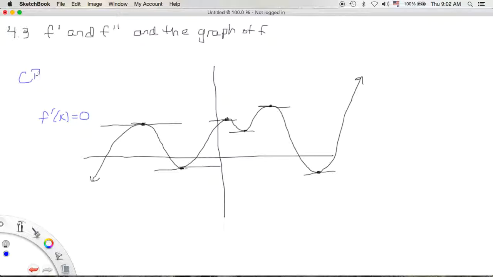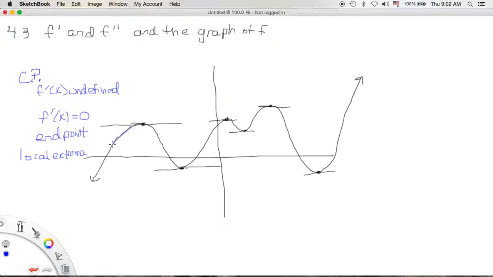Remember, we looked at the critical points were when the derivative was undefined, or when it was equal to 0, or at the endpoints. And that gave us possible points of local extrema. So that's how we found our local extrema, and we looked at the sign of the first derivative.